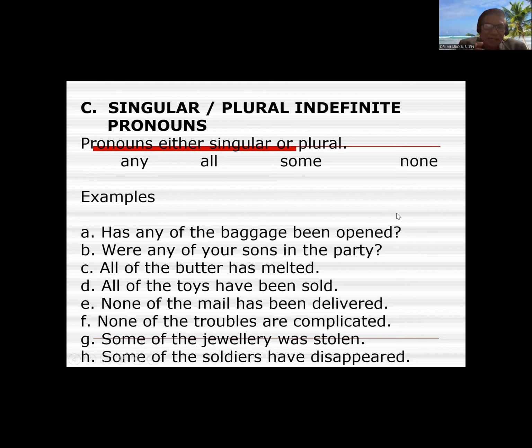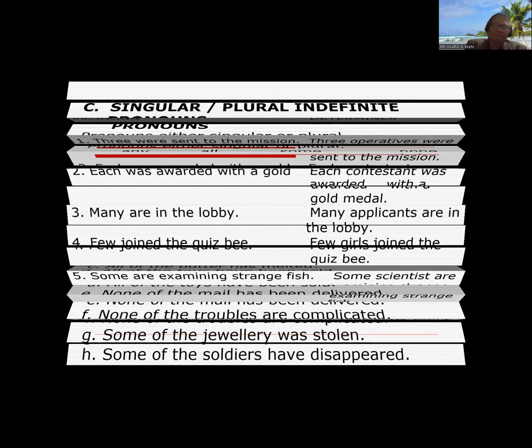None of the mail has been delivered. None of the troubles are complicated. Some of the jewelry was stolen. Some of the soldiers have disappeared. Okay, that is singular or plural indefinite pronouns.